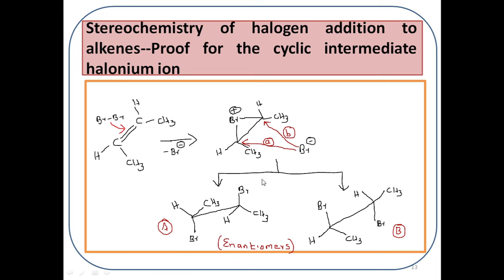These two paths are equally probable, 50-50. Therefore, path A addition will give, say, compound A, and path B will give compound B. Actually, these two compounds are optically active, they are enantiomers, but they are formed in equal amounts, 50-50. Therefore, we can see the involvement of a cyclic bromonium ion.